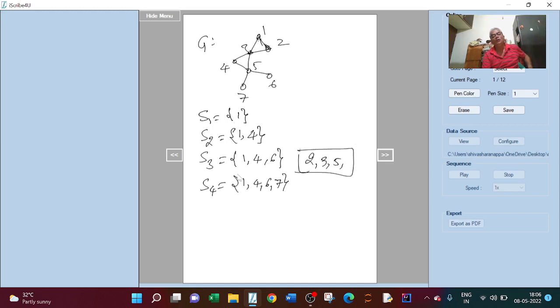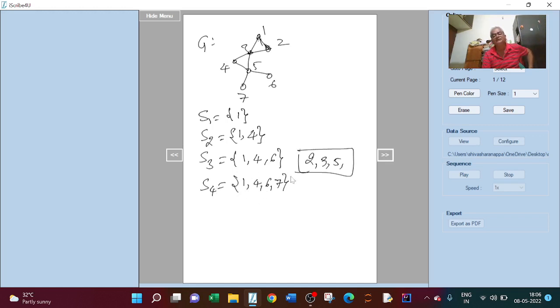So all the 4 sets are independent sets, but this set is something special. For these 3 sets, it is possible to include some more vertices without disturbing the property of independence. But for this set, if I add any one vertex, then it will lose the property of independence.